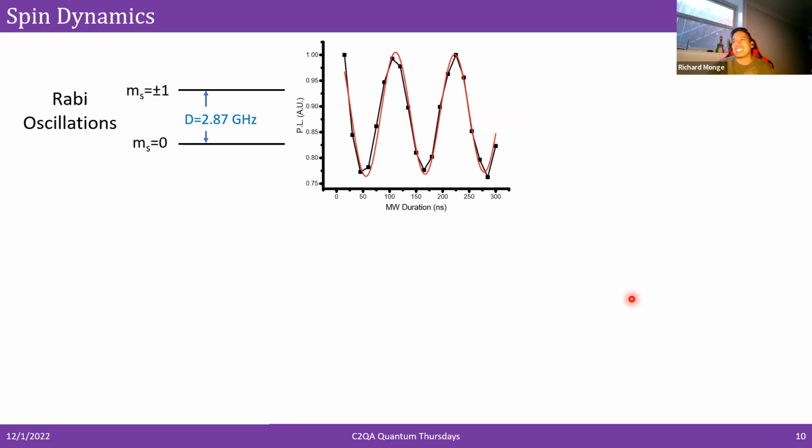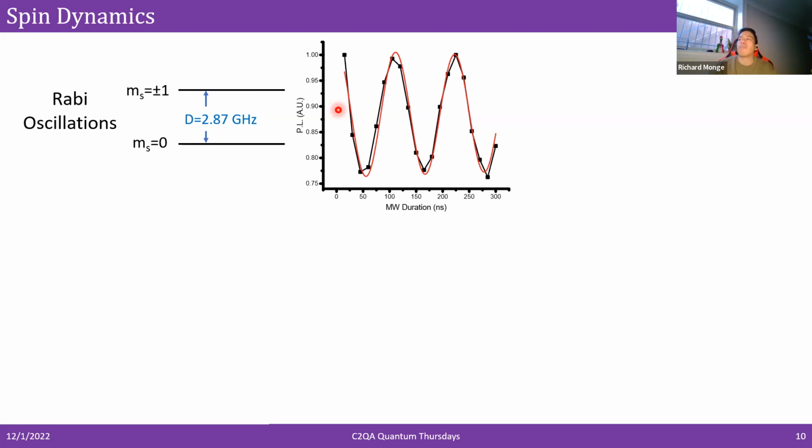Just as a brief example, we can vary the duration of the microwave field to see these Rabi oscillations. From here, we can define a pi pulse and a pi over 2 pulse, and those terms ring a bell in the nuclear magnetic resonance community, because now you can do spin manipulation sequences to the NV center.